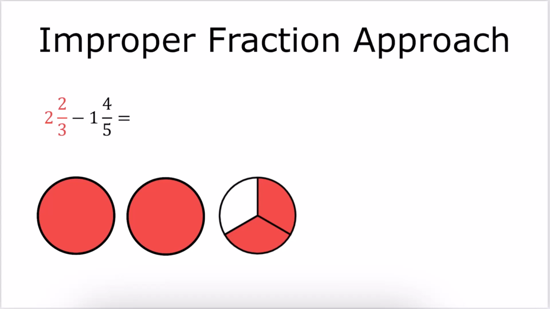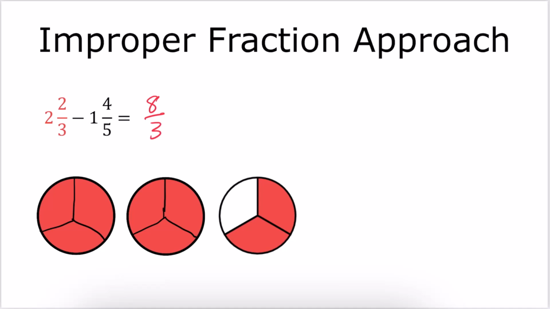So the way that this would work is you would say, okay, well, if I have 2 wholes and 2/3, well, the 2 wholes are going to make 3/3 each. So they'll contribute 6/3 to the whole number. And then I have 6/3 from my 2 wholes and then 2/3 from the fraction part. And so that means that the first mixed number that I'm looking at is equivalent to 8/3.